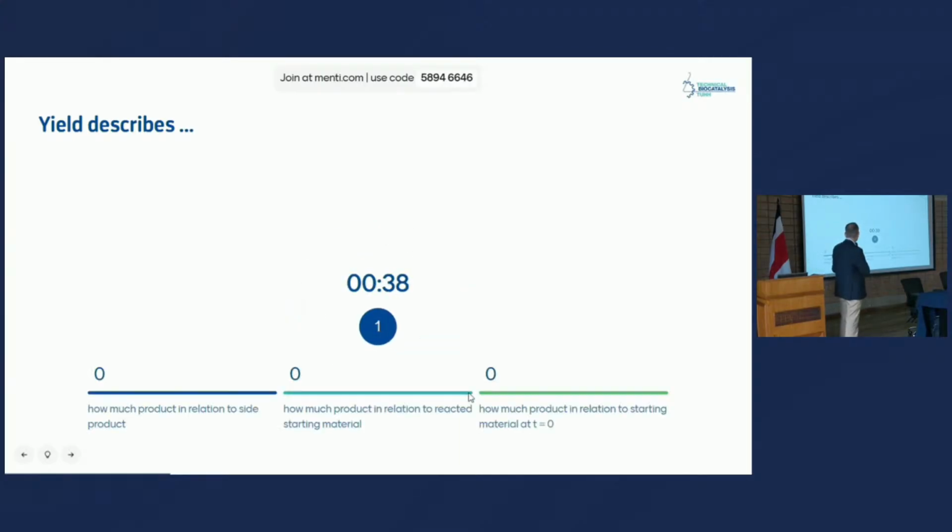Yield describes how much product in relation to side product is being produced, or how much product in relation to reacted starting material is being produced, or how much product in relation to starting material at time point 0 was produced.